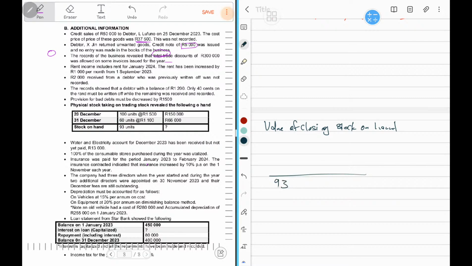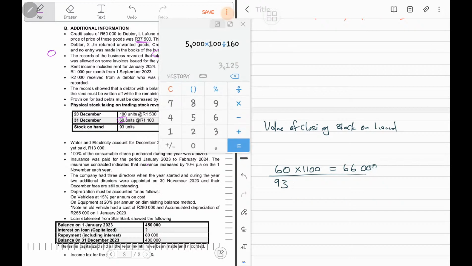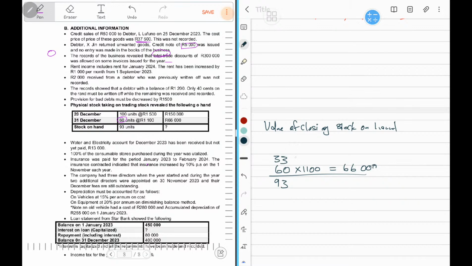Then since from the remaining 93 units, it means that the entire 60 units is remaining from that. So it will be 60 units. Then we multiply by 1,100. That gives us 66,000. Then to find the remaining, we are going to say 93 minus 60. That gives us 33. It means 33 of the remaining units were from the December purchases.